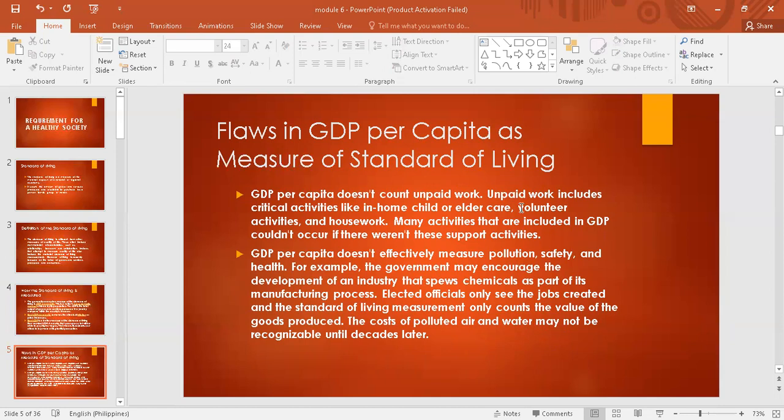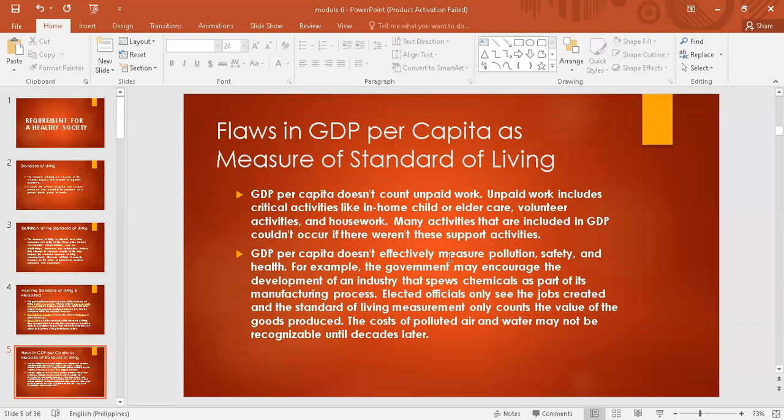Paid services are included in GDP. But unpaid work is a flaw, a disadvantage, of GDP as a measure of standard of living, because unpaid work is not measured or included. That includes volunteer activities and housework. Many activities that are included in GDP couldn't occur if it weren't for these support activities.